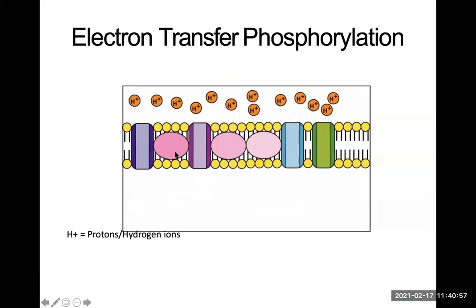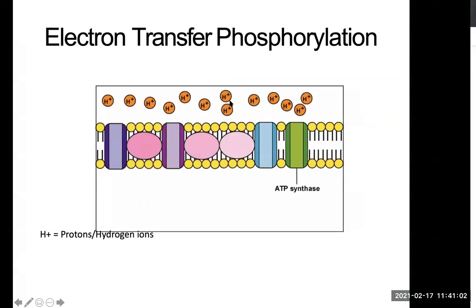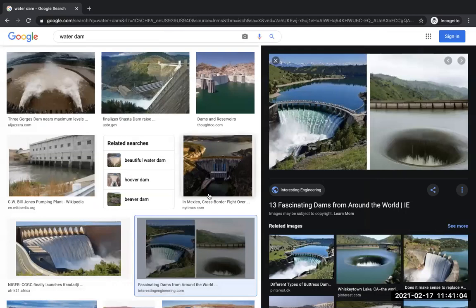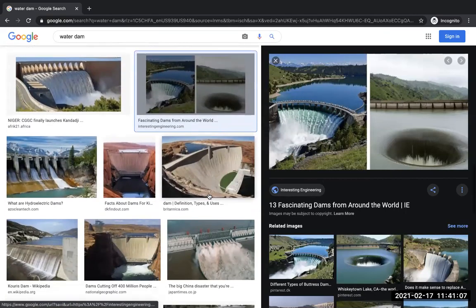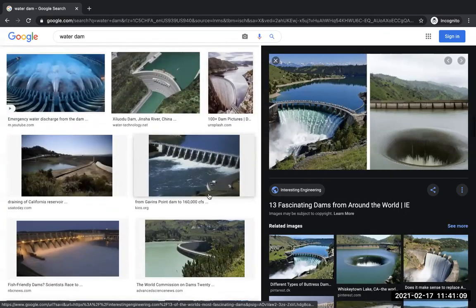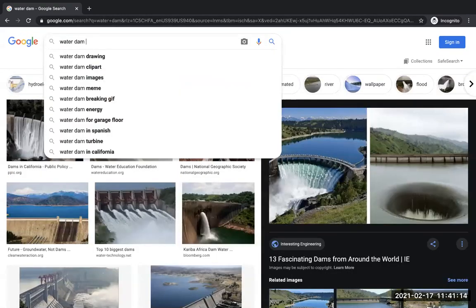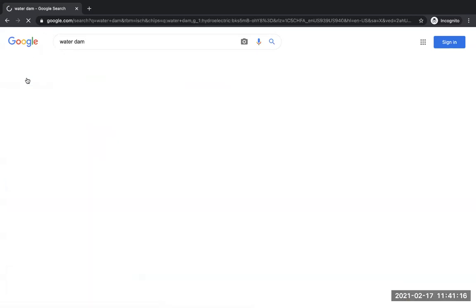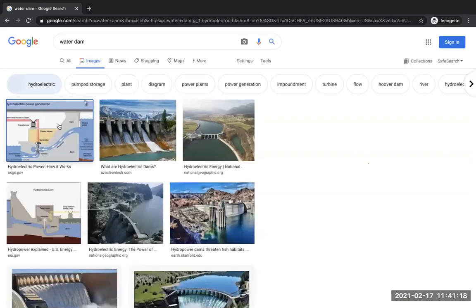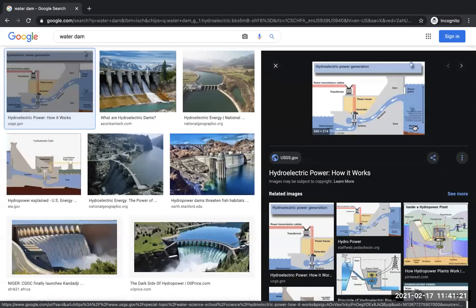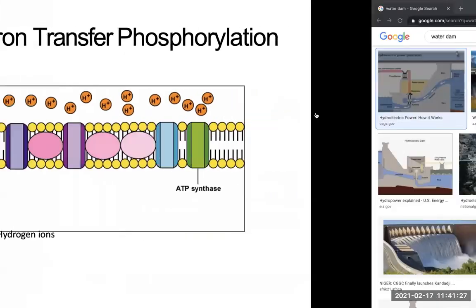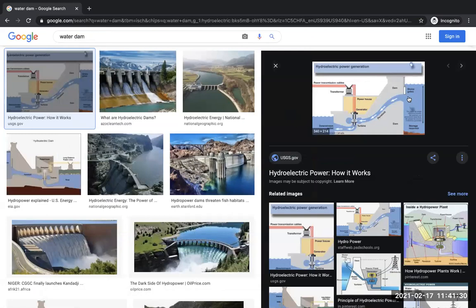This is similar to these hydrogen ions that are backed up. And if you poke a hole in the water, in this case we have ATP synthase.